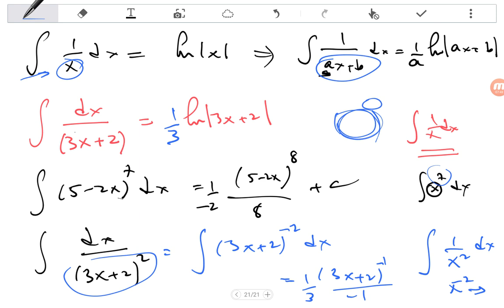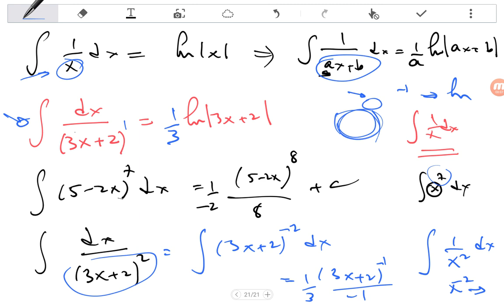And in the case that the power is negative 1, I use the ln rule. That is the only exception, which was that problem. That is power negative 1, which will give me the ln rule. Okay?